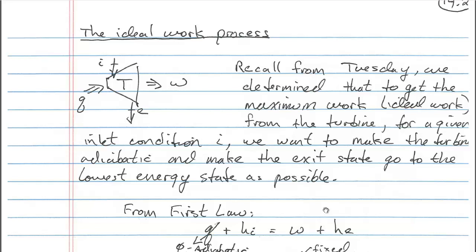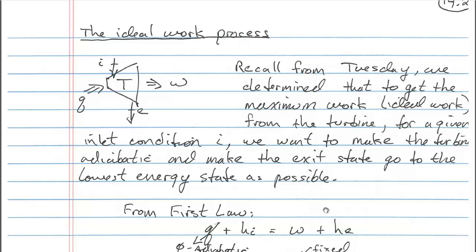So the basic idea, if we write it in the context of a turbine, is if we have an inlet state and we have a certain exit state, part of the exit state is defined, and I'll get to that in just a moment, what's the maximum amount of work that this turbine can make?